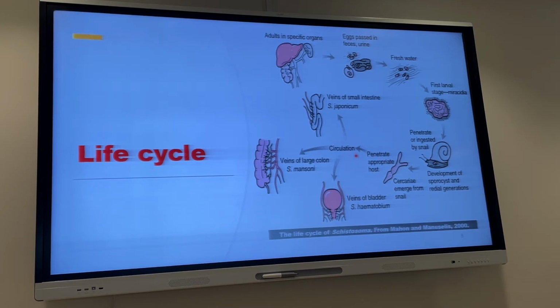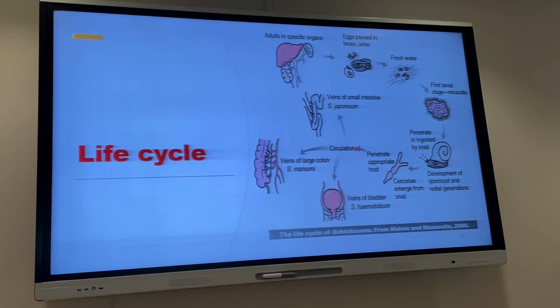When an uninfected individual comes again to swim in the body of water, the cercaria is able to penetrate through the skin because it has hydrolytic enzymes in this portion of the head, and it's going to gain access into the subcutaneous circulation.